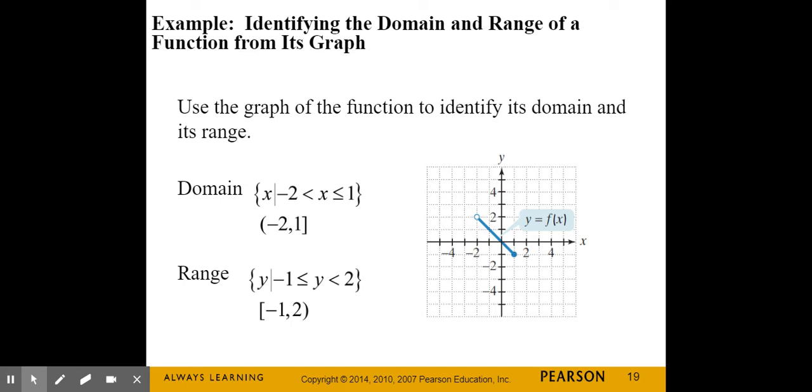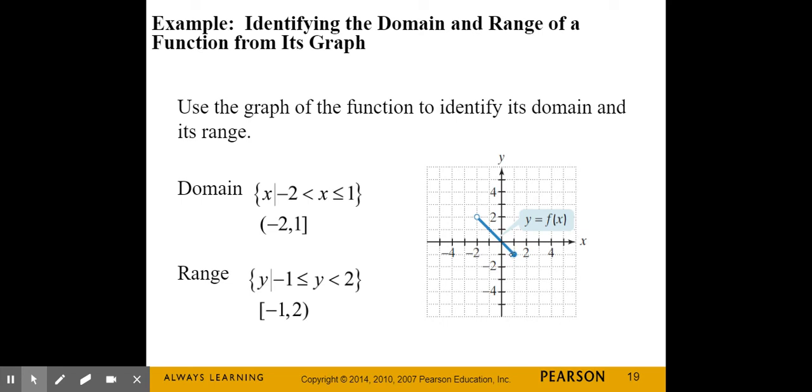Same question, different graph. All right, so I'm talking about the domain. Again, it's horizontal, so it's left and right. On the left, I've got -2. It is continuous all the way to that point there on the right, which is 1.